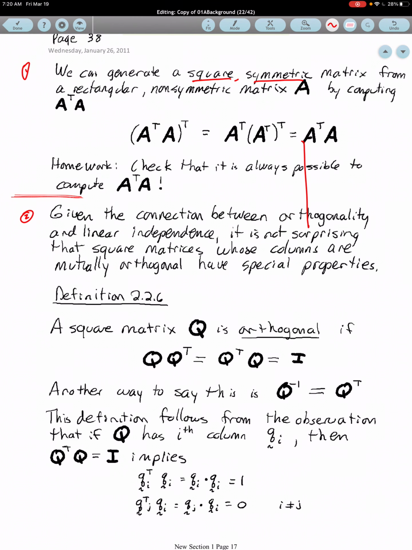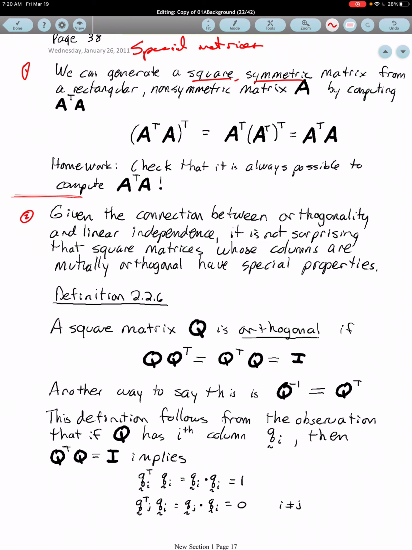So the next thing we're going to do is go through a list of special matrices. And you can see that we've kind of jumped back to some older notes that form the basis of this class that I taught early on.